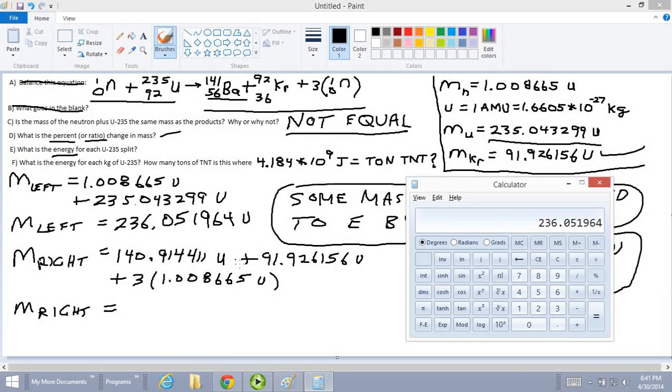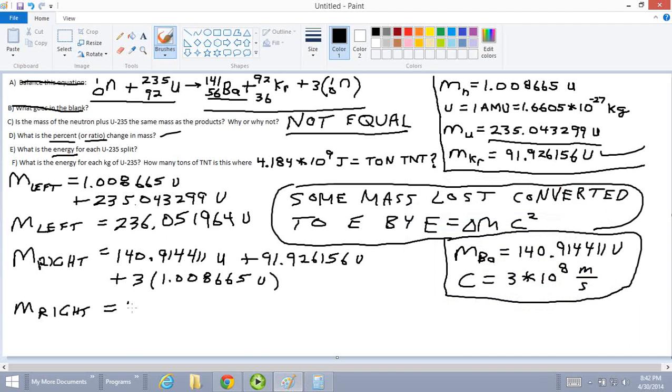Clear my calculator. 140.914411 plus 91.926156, plus 3 times 1.008665 equals.